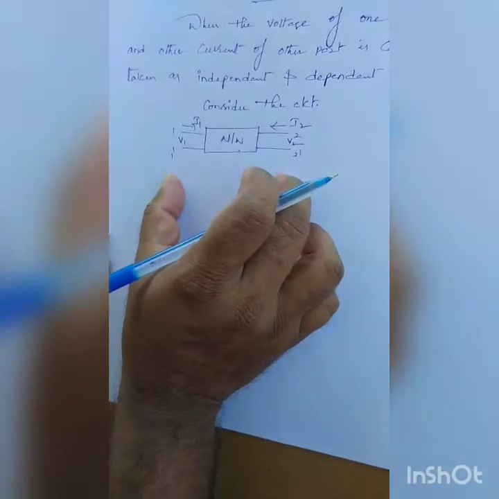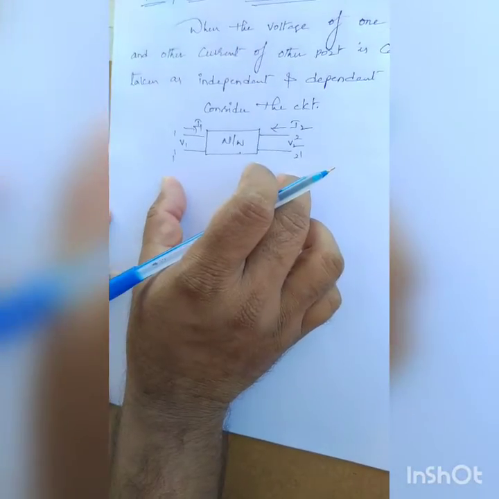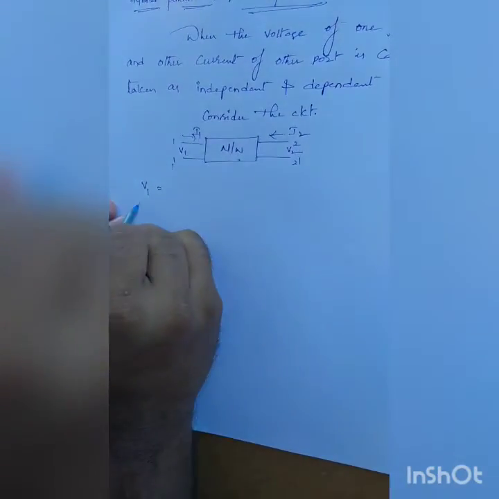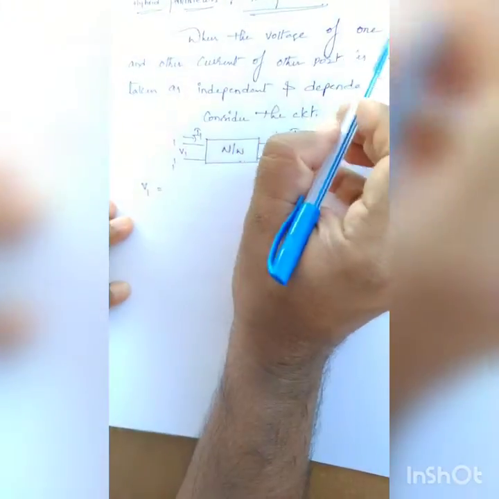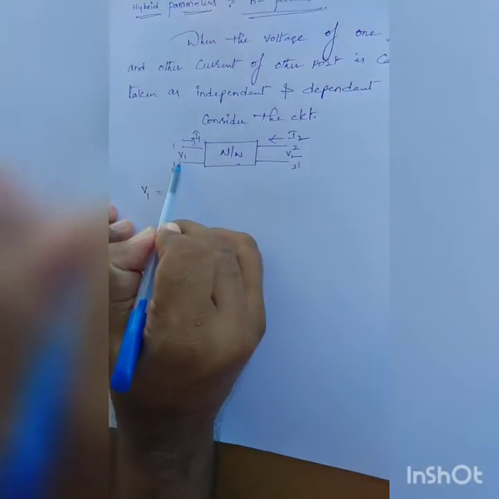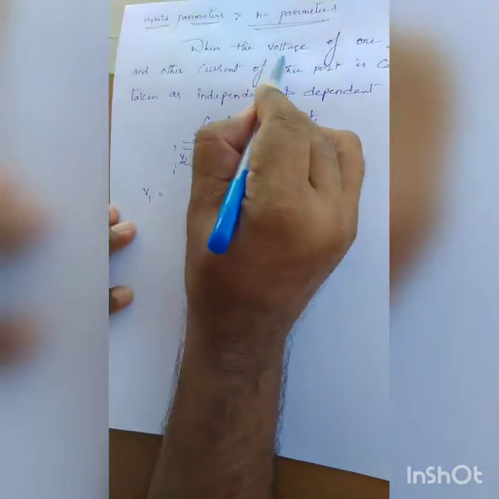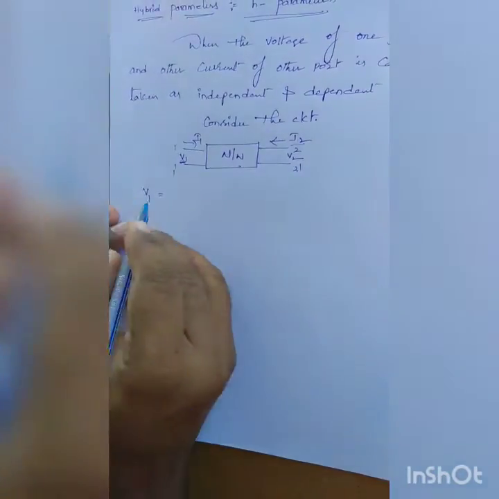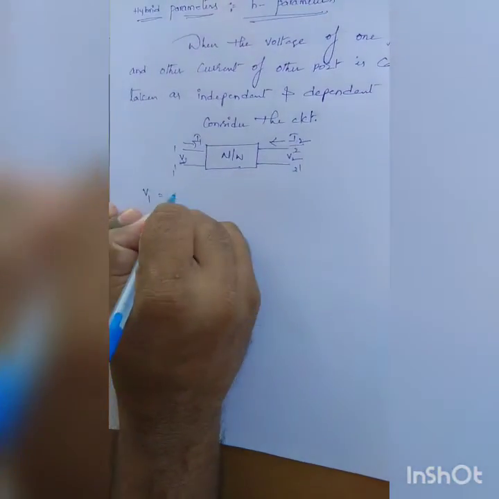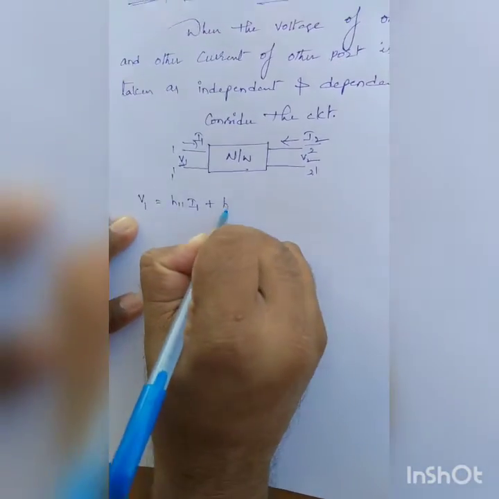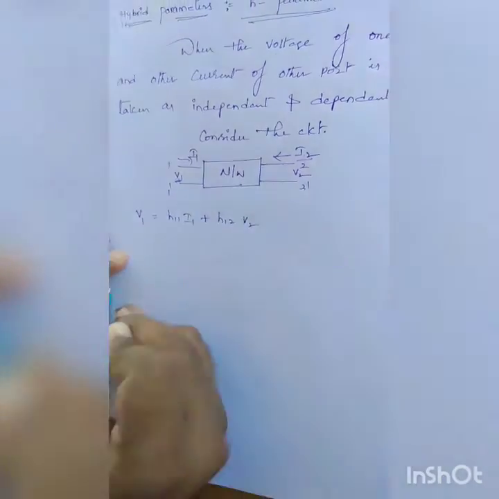By using this network circuit, if you write the equation of H parameters, then V1 is equal to... Why are we taking V1? When the voltage of one port is taken, then in port 1 dash we take the voltage, and in port 2 dash we take the current I2. Therefore, V1 is equal to H11 I1 plus H12 V2.